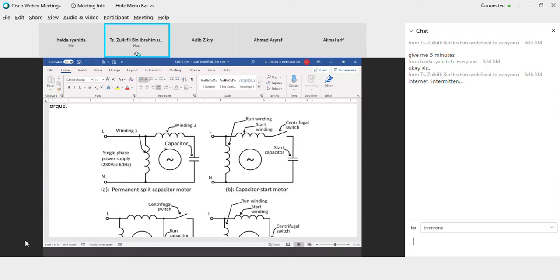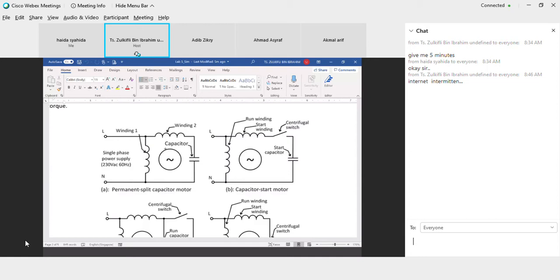So each phase ada 120, so you have three phase. But now in single phase, they create in the machine to have a shift. So kalau kita pakai by using the capacitor, you might have almost 90 degree shift. So you have the winding A, contohnya the waveform dia start at 0, so the second winding dia akan start at 90 degree.